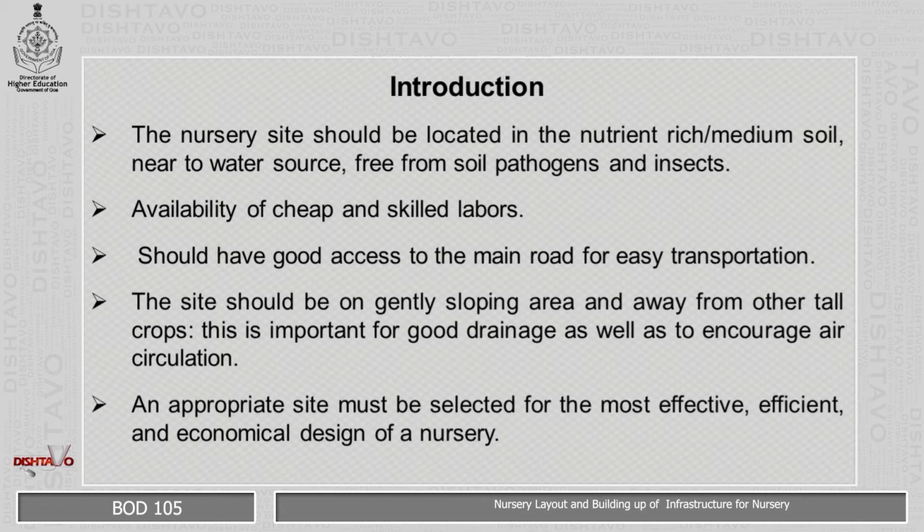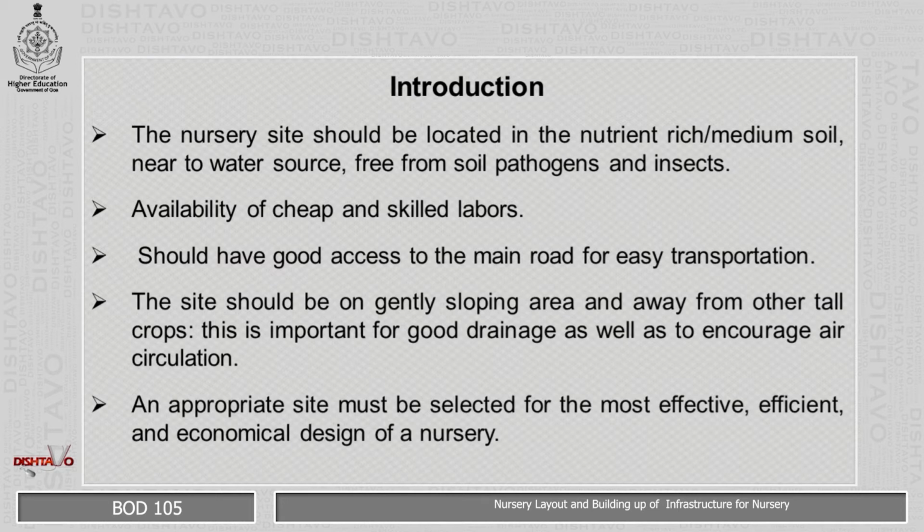The nursery requires a lot of soil, the medium in which the plants are raised. So we require a nutrient-rich medium, which should be readily available. We cannot bring it from some other place all the time. So the nursery should be located in a place where we have an abundance of this good quality soil.